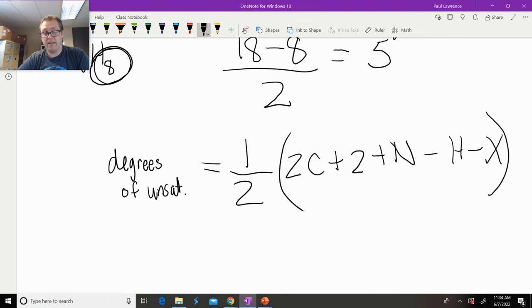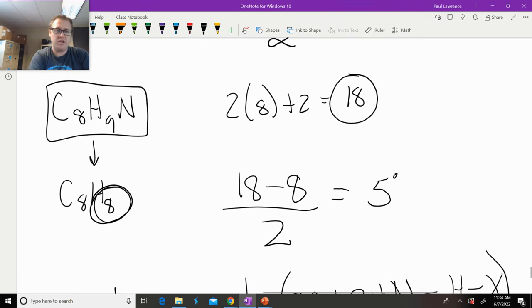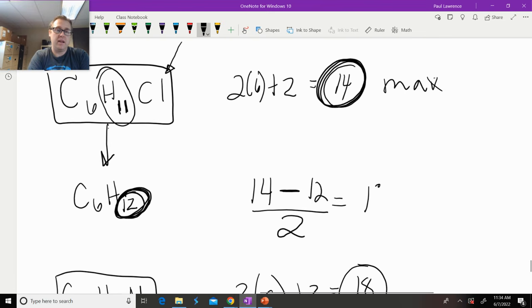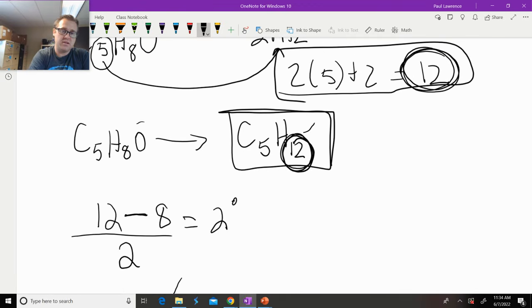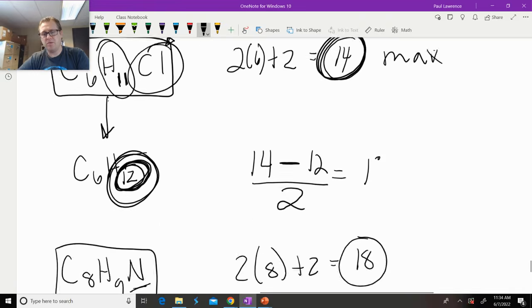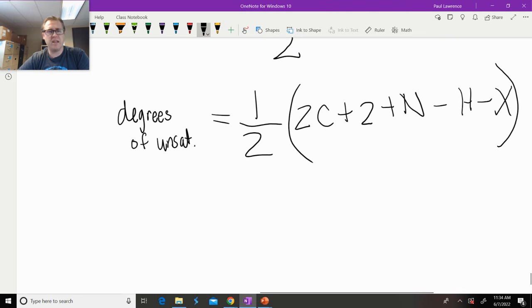So in this way, you don't have to remember that with nitrogen atoms you take away one hydrogen, with a halogen you add a hydrogen, and with oxygens you don't do anything. The formula would just look like this. This simple equation at the bottom takes away all of that.